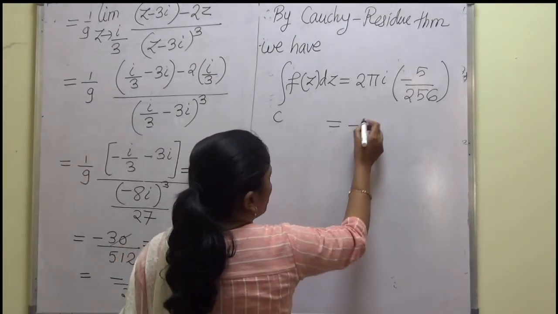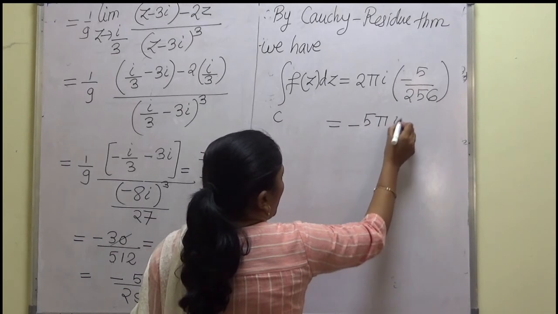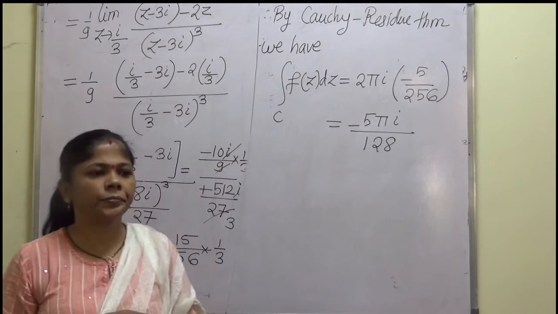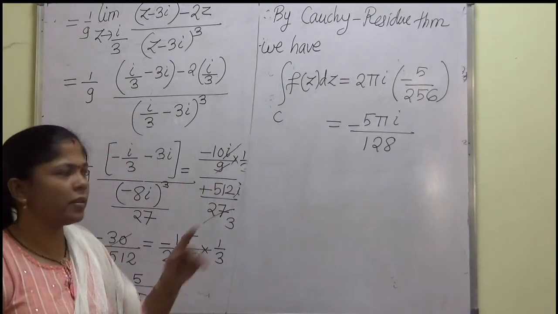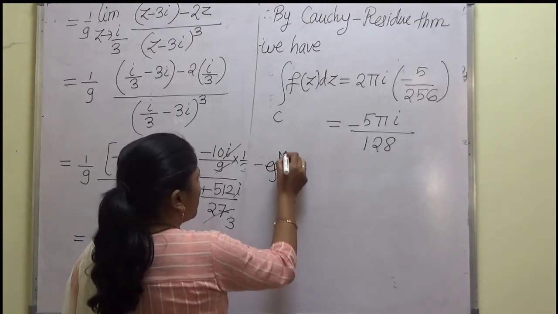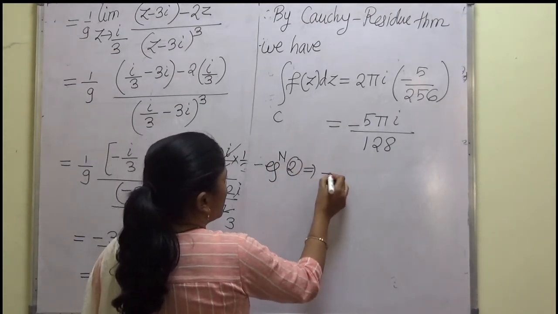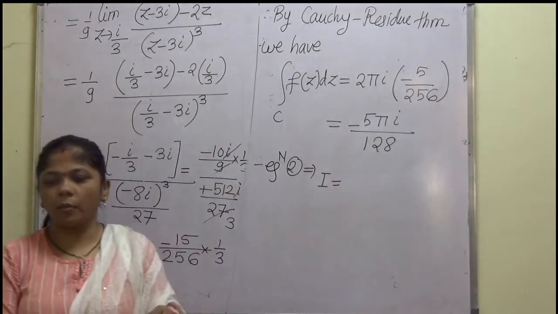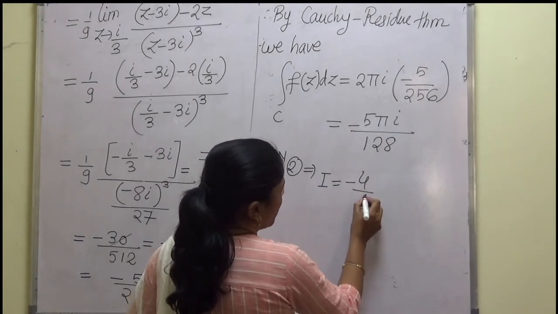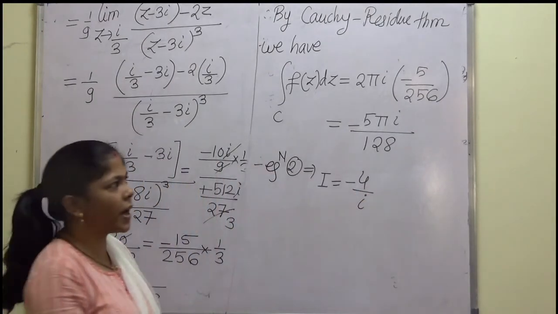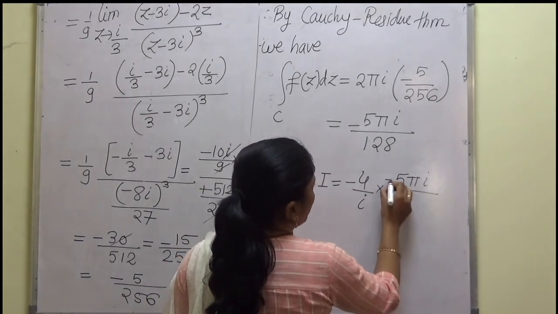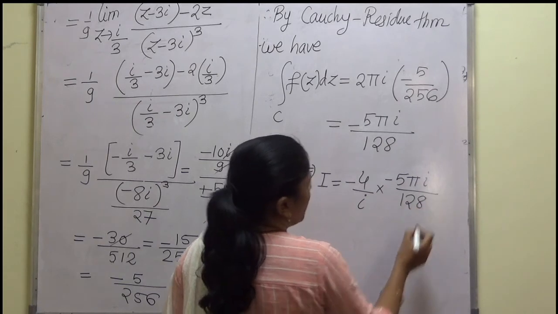That is equal to minus 5 pi i by 128. This is the value of the integral. This we require in equation number 2. So equation 2 implies the integral I is equal to minus 4 by i times 5 pi i upon 128.